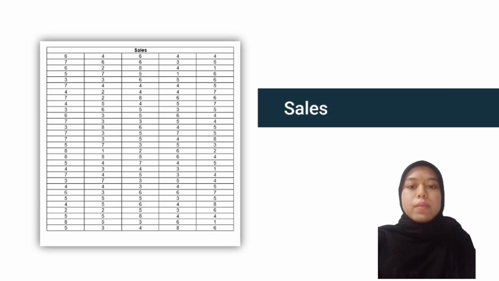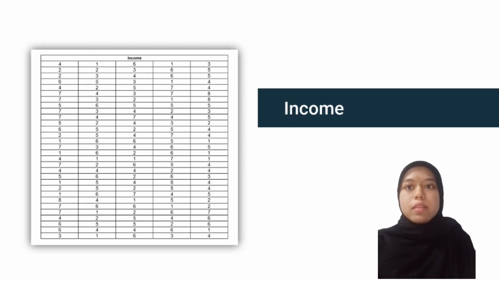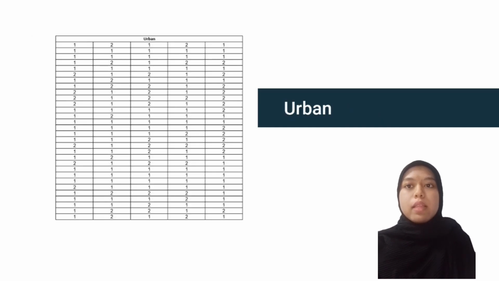After we use SPSS to calculate the categorical data, first it shows the sales, the second is the comprise, the third is the income, and last urban.